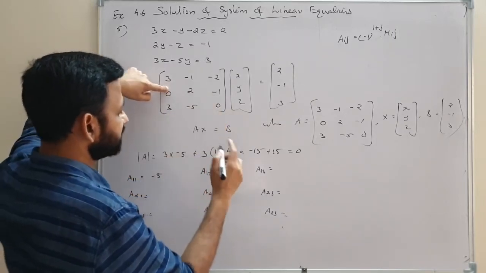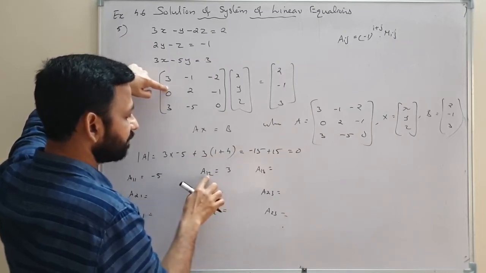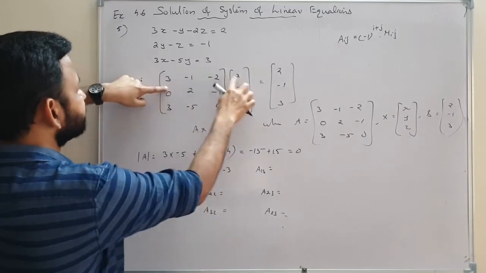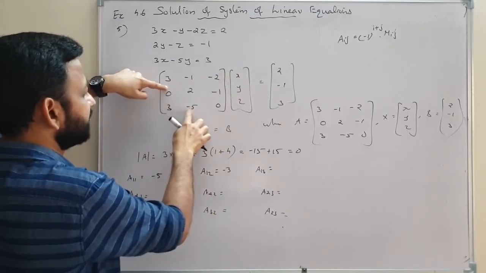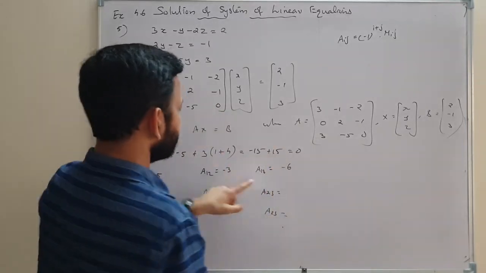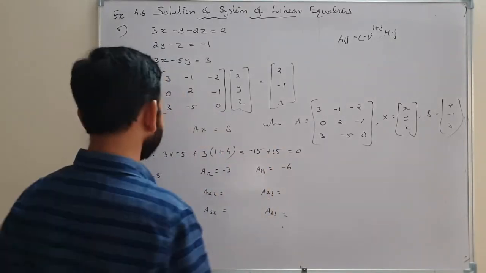So 0 minus 3, that is plus 3. And here 2 plus 1 is odd number, so minus. Then this one 0 minus 0 into minus 5, that is 0 minus 6, that is minus 6. And sign 3 plus 1 even number, so same sign.